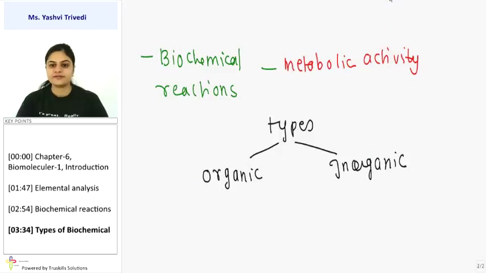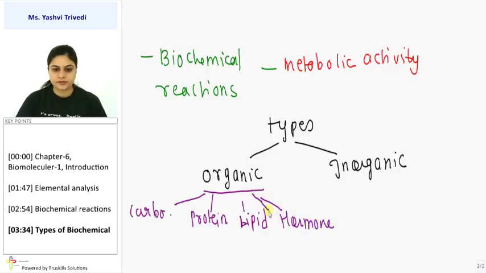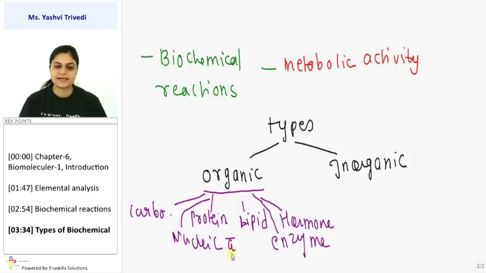Now, organic biomolecules include all the carbon containing compounds, which are carbohydrate, protein, lipid, then hormone, enzyme, nucleic acid, and so on.